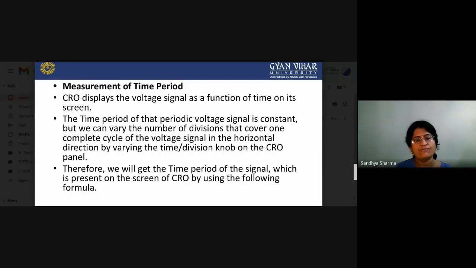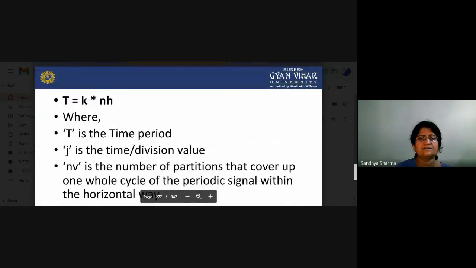So we will see how we can measure the time period. Here T is equal to K into NH. T is the time period and K is the time per division value. NH is the number of partitions that cover one whole cycle of the periodic signal in the horizontal way.